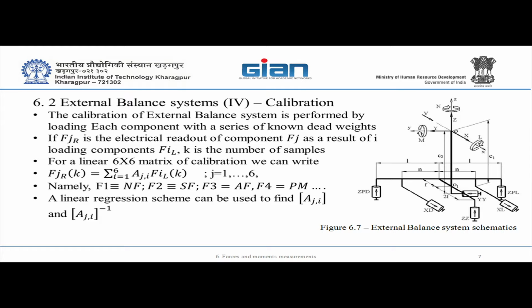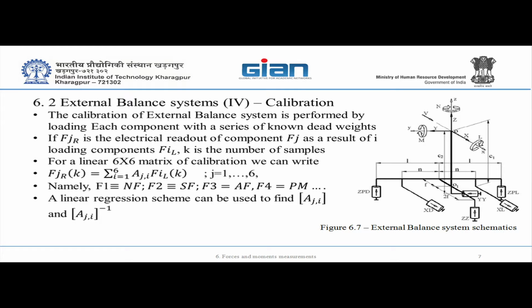Now, the minimum calibration matrix that you are using is 6 by 6. Imagine that you have 6 components. You call them F_J, and you can read the voltage from component J. J goes from 1 to 6.